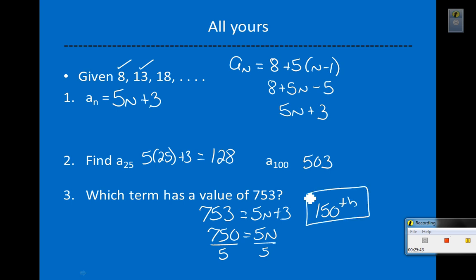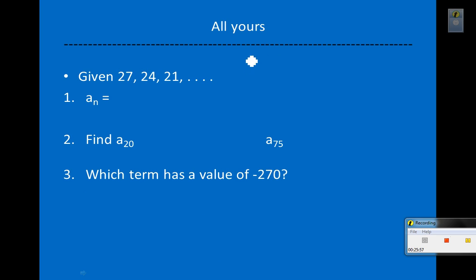So finally, something a little bit different. If you want to pause, hit pause real quick. Otherwise, on this one, we should have looked at a sub n equal 27 minus 3 times n minus 1.